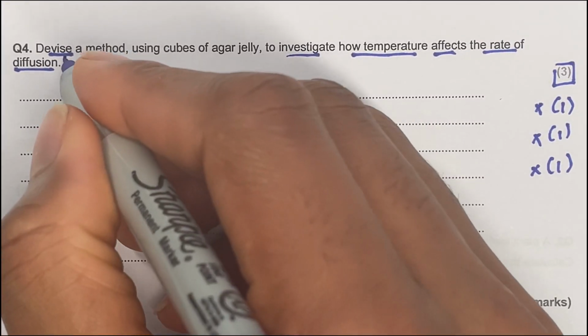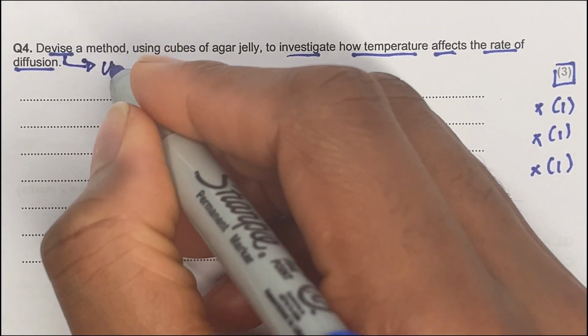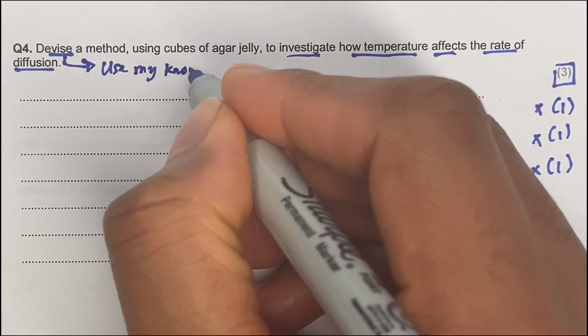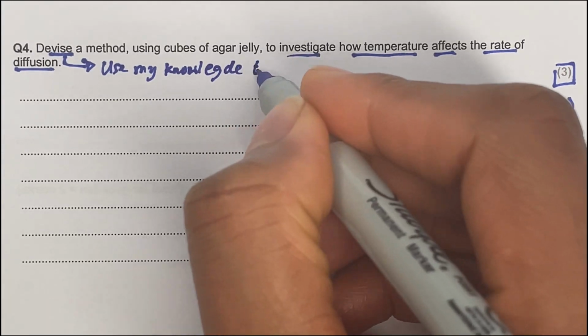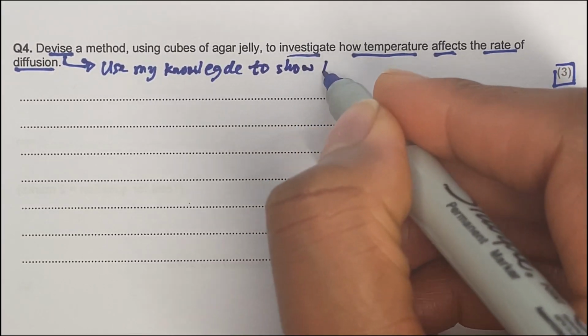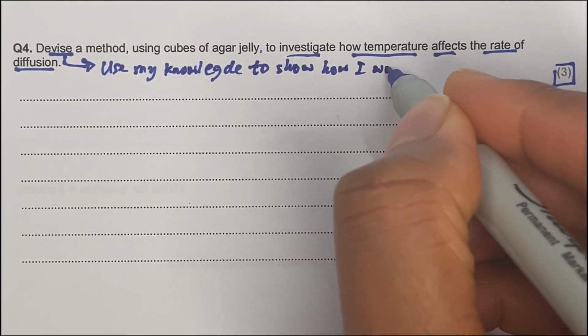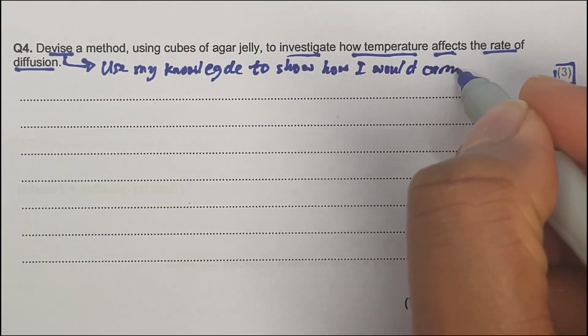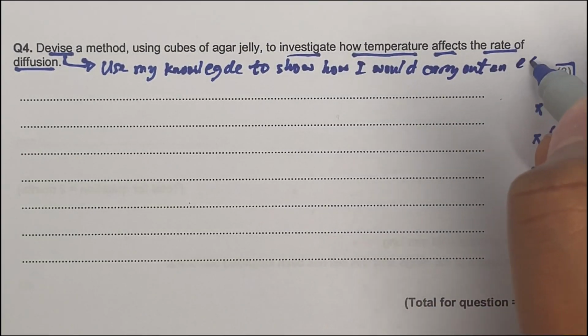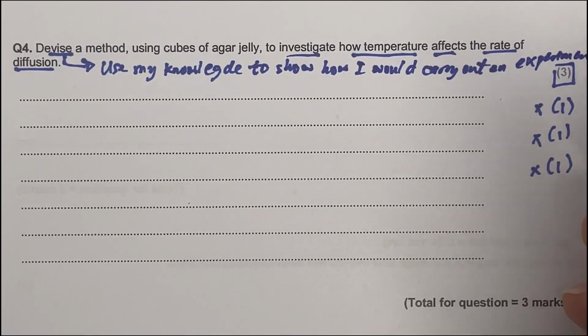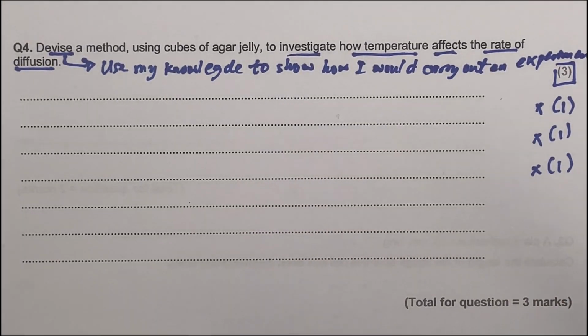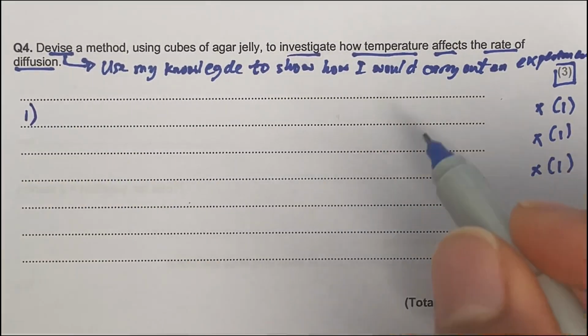My step 2, the command word here is devise. Devise means I need to use my knowledge to show how I would carry out an experiment. That means set out how something will be done. So my first step, I'm looking at temperature.